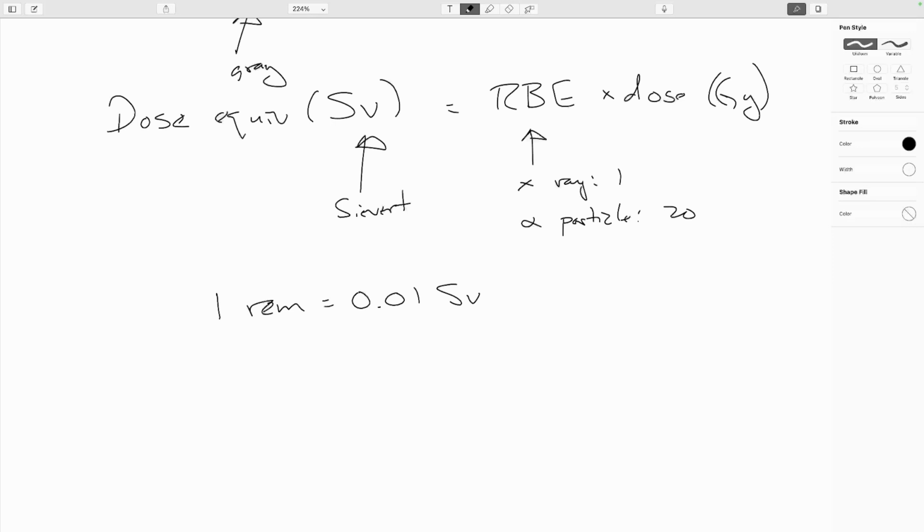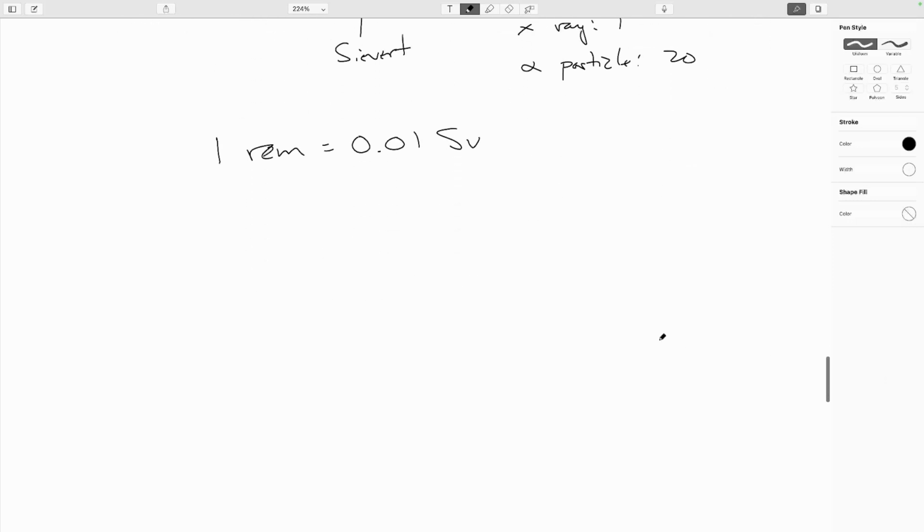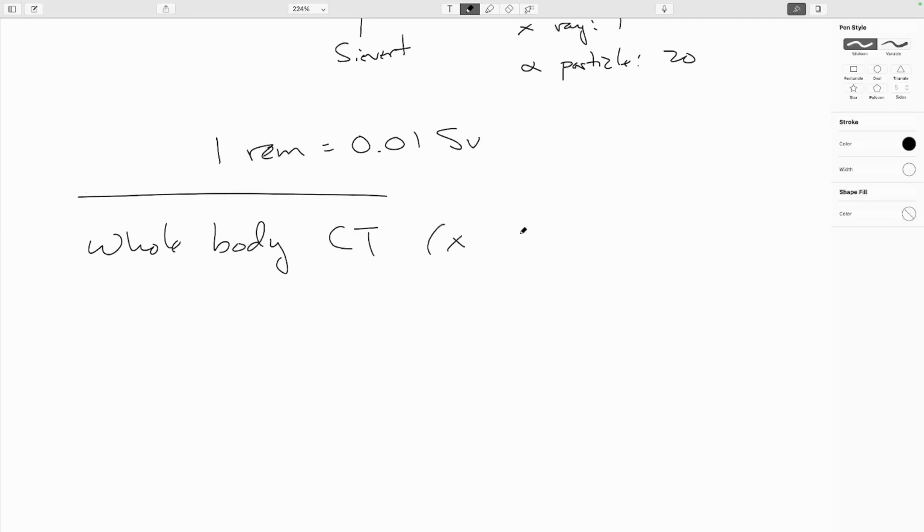To give an example of how that might work, let's say you want to compare how much damage you could do giving somebody a whole body CT, which is X-rays, versus a chest X-ray.